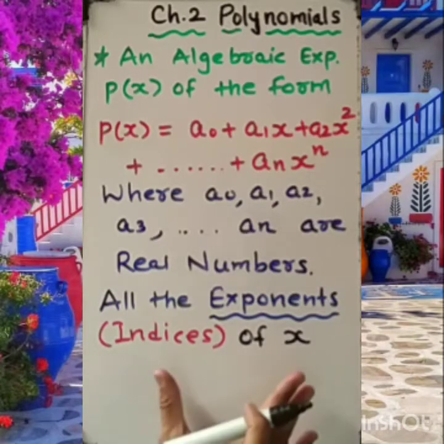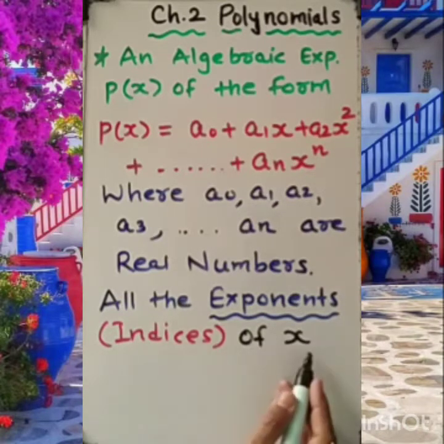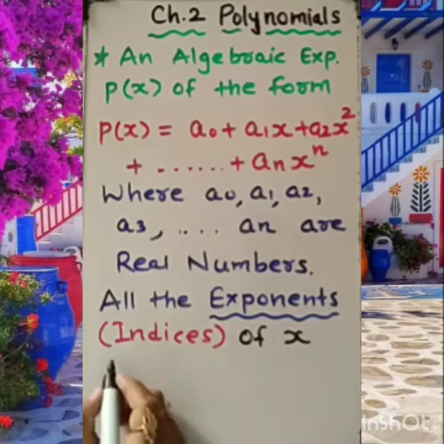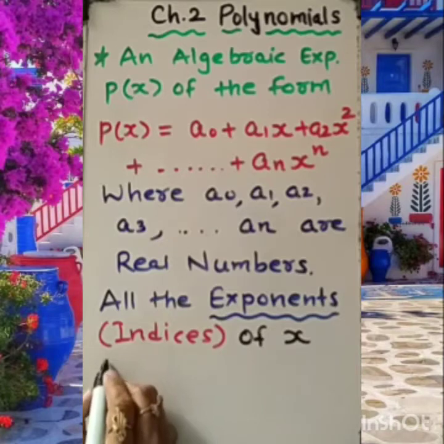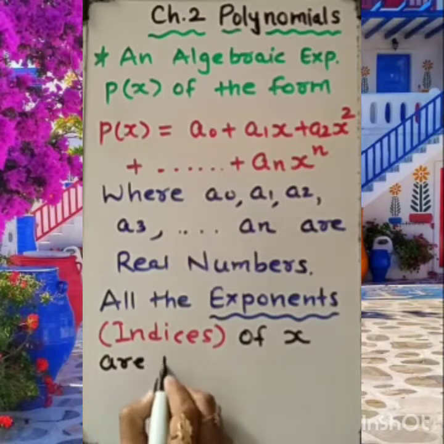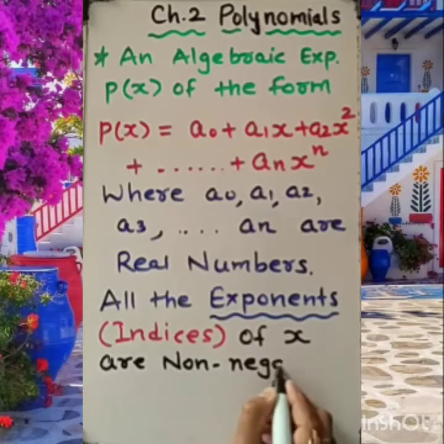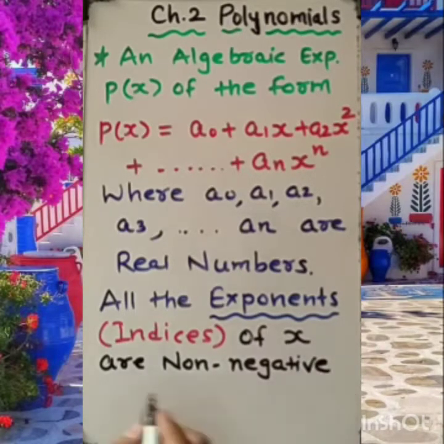What is the condition for that? What about these indices? These exponents of x are non-negative numbers. This is very important. Otherwise, we can't consider it a polynomial.